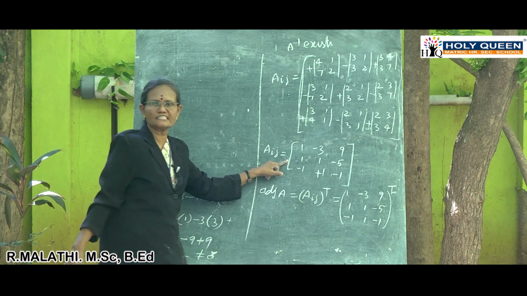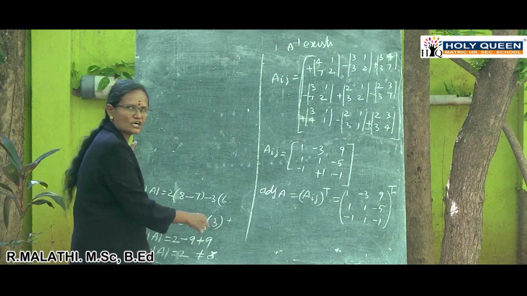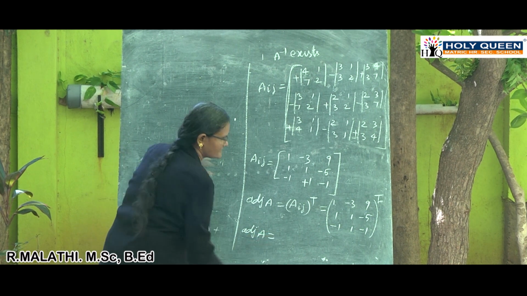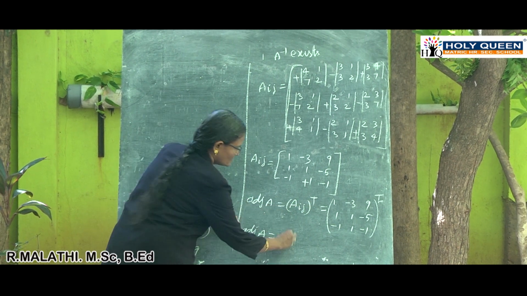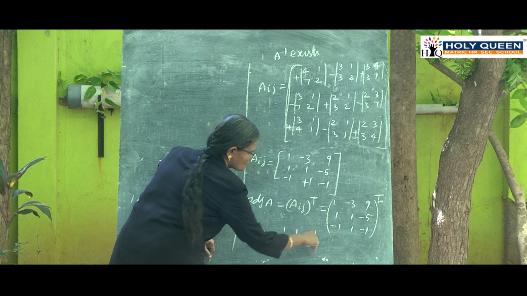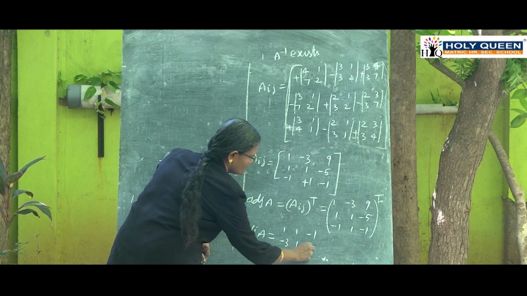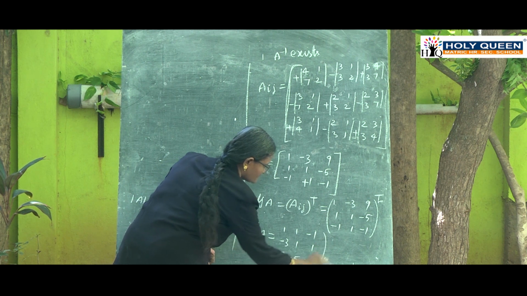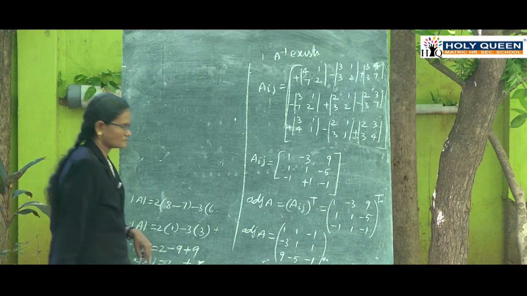Transpose means interchanging the rows and the columns. We get adj of A is equal to 1, 1, minus 1; minus 3, 1, 1; 9, minus 5, minus 1. This is adj of A.